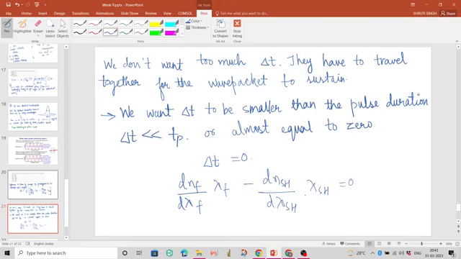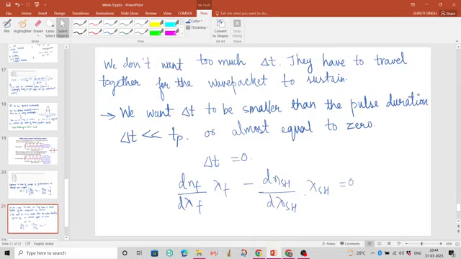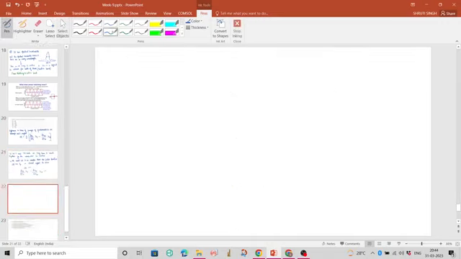Equating delta t equal to 0, c is the constant, so we come to this expression. Now just do the shifting, that is dnf by d lambda f into lambda f is equal to dnsh by d lambda sh into lambda sh.